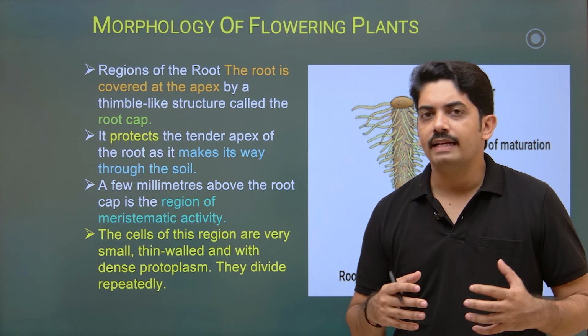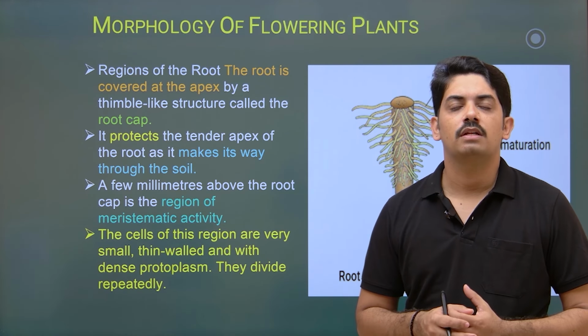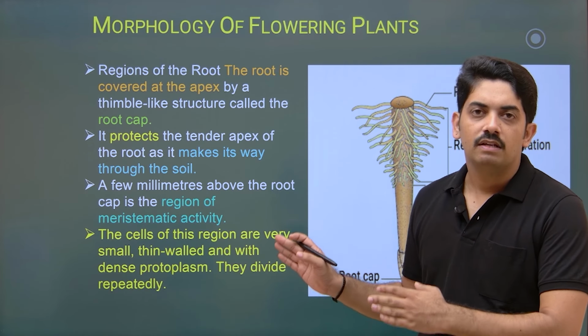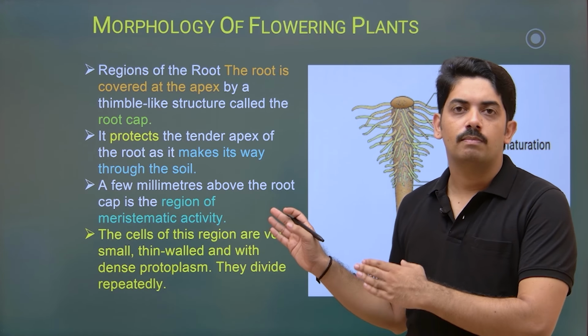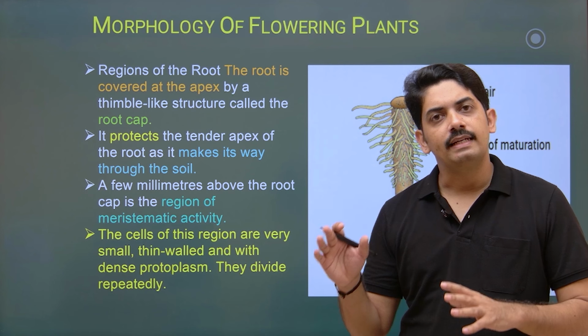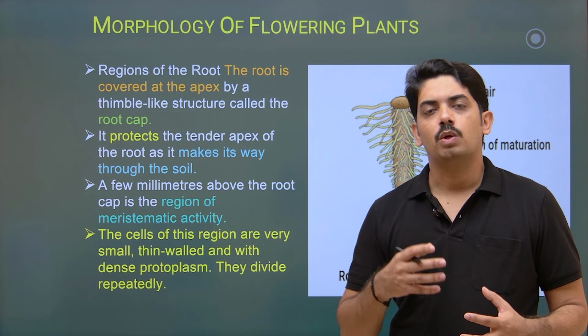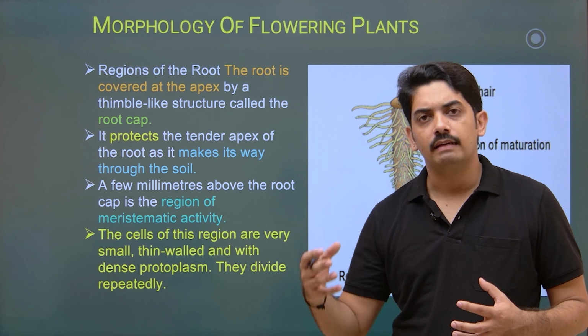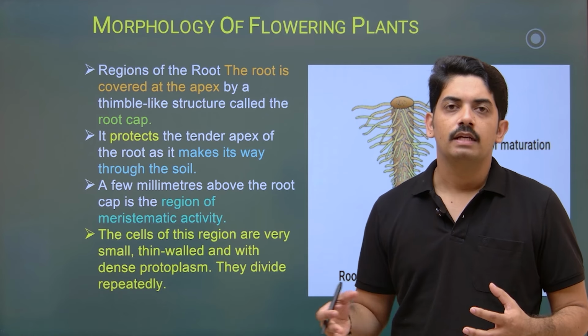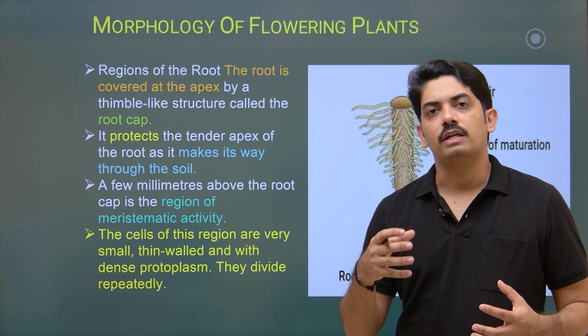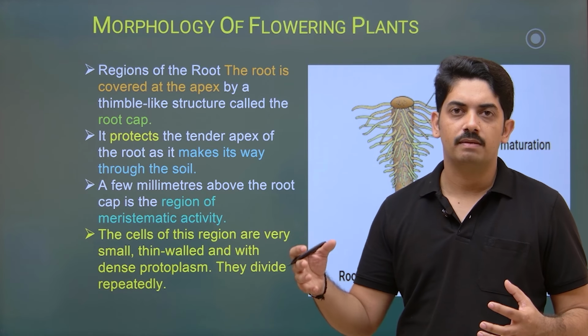Can you tell me why it continuously undergoes cell division? Because in plants we observe continuous form of growth. Till the death, plant shows the growth. So these meristematic cells go on divide and divide and divide, add more and more cells. These cells then undergo differentiation and form permanent cells.